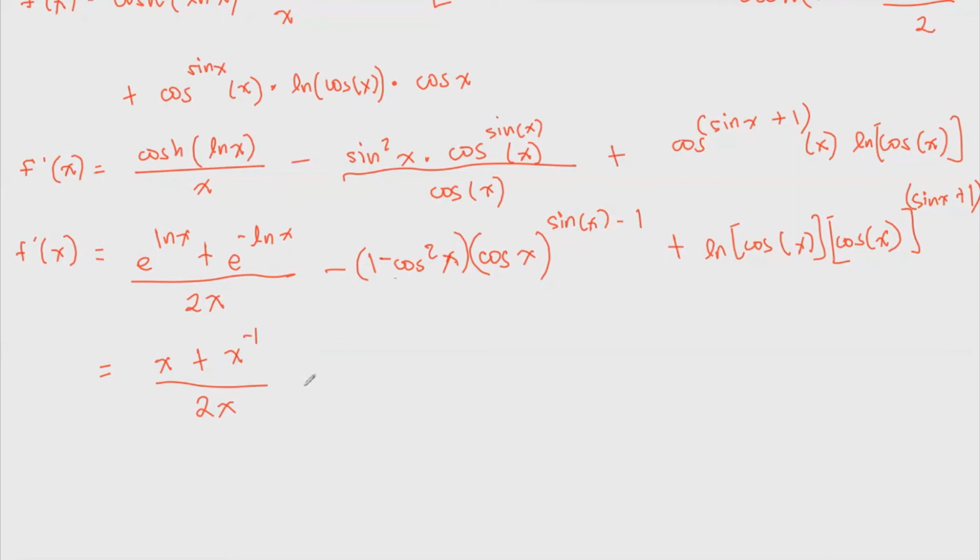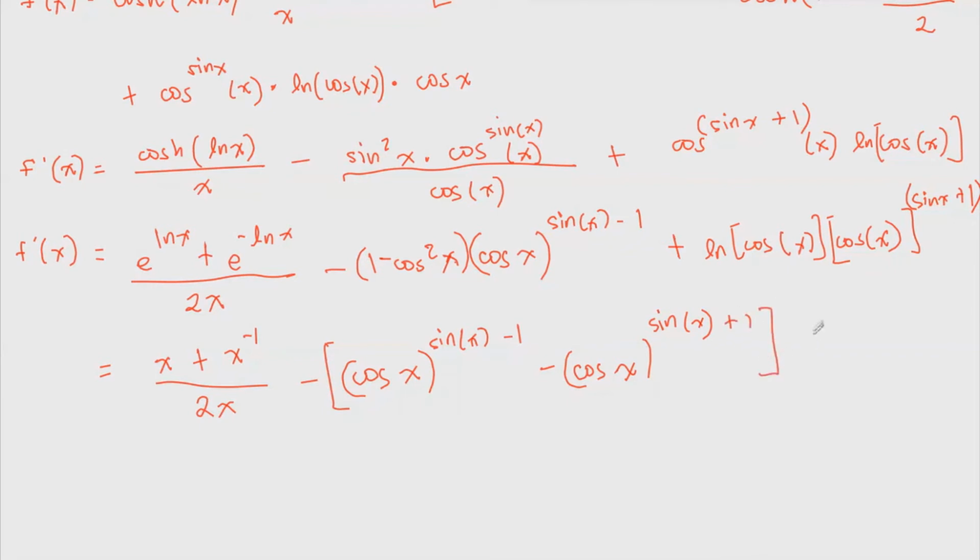And then I think this one becomes minus cosine of x raised to sine of x minus 1. And then this is subtracted with cosine of x, and then of course raised to sine of x, and then this minus 1, so this is actually squared, so that's plus 2, so that becomes positive 1.